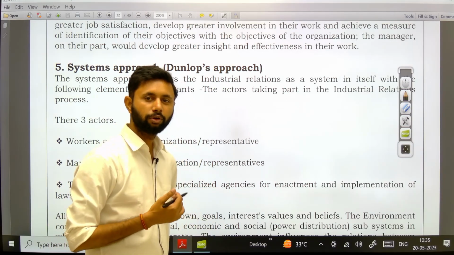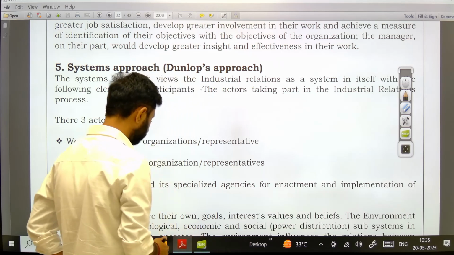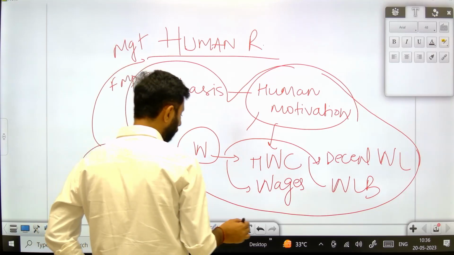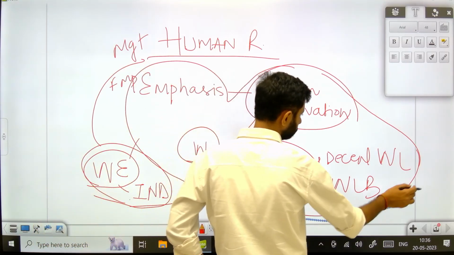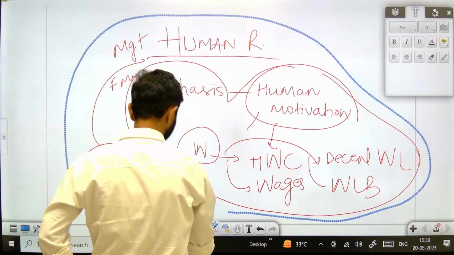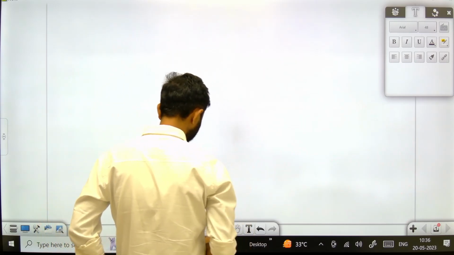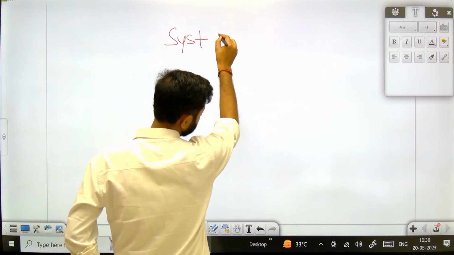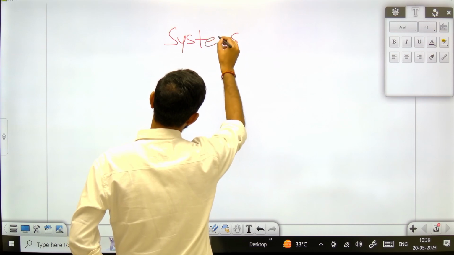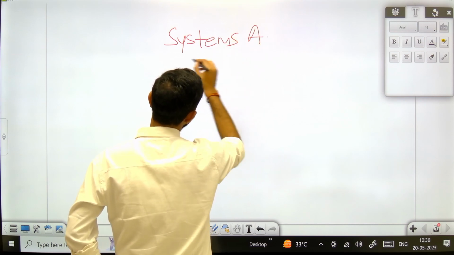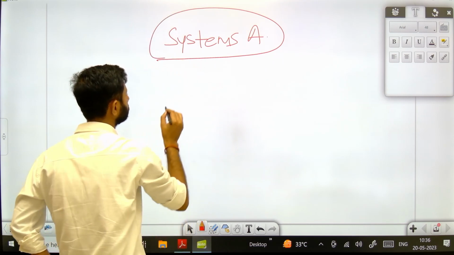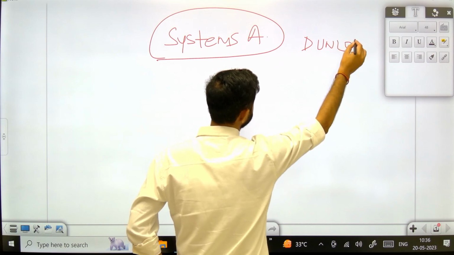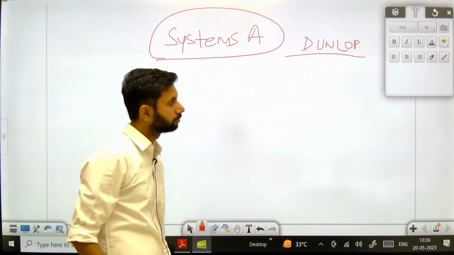Now we'll understand Dunlop's approach in a bit more detail here. Dunlop is the scholar.